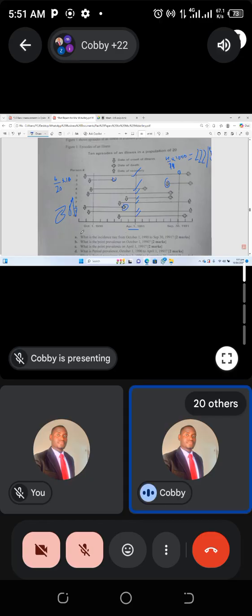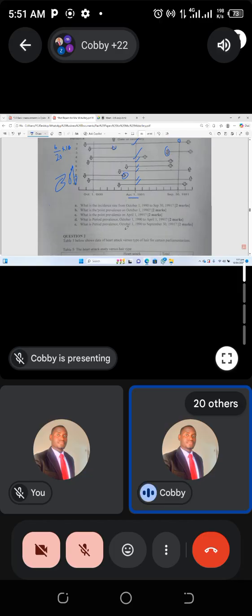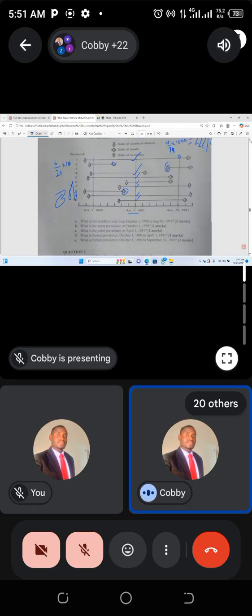Okay, I've seen reactions, so I guess that makes sense. So another question. Question D says, what is the period prevalence between October and April?